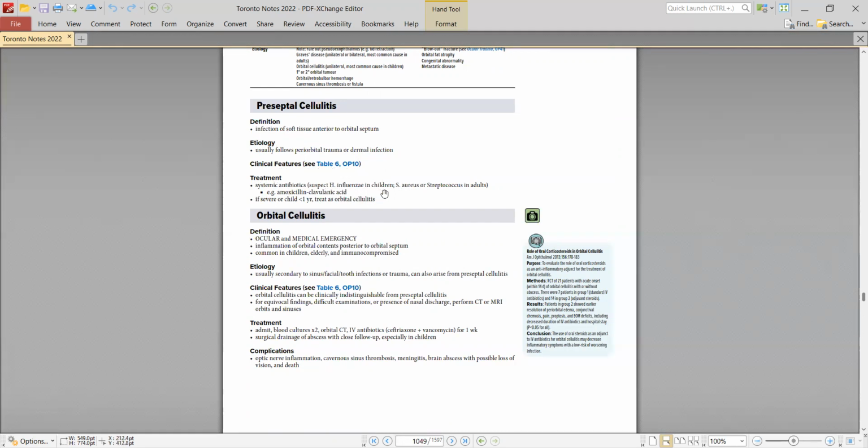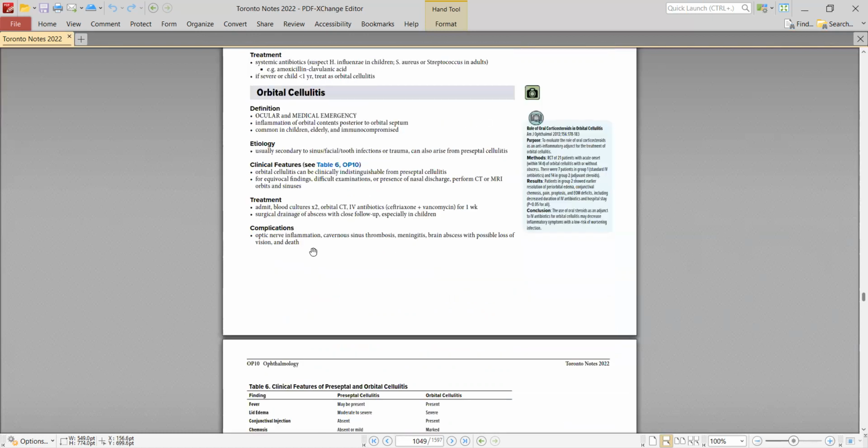Some viral infections cause irritation of the eyes, right? In that case, treatment is amoxicillin plus clavulanic acid, as simple as Augmentin, can save the life. If it is very severe or if the child is less than 1 year, then you have to treat it as orbital cellulitis.